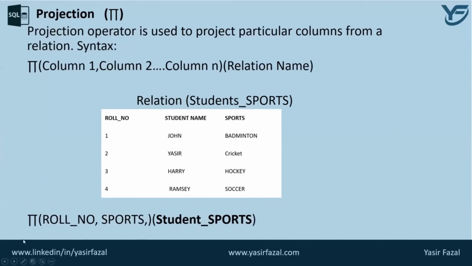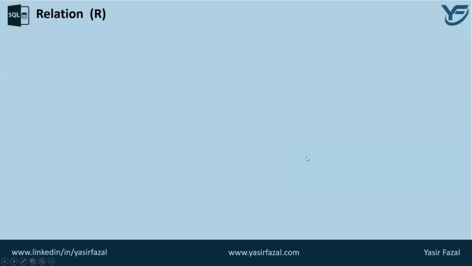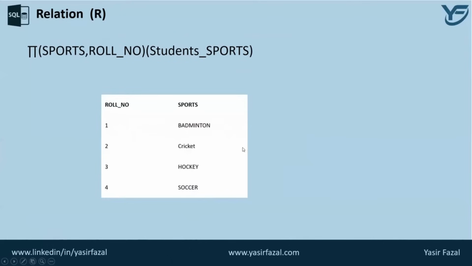So the syntax would be pi, braces, and in these braces I write the roll number and the sports column names. After that, I mention the students_sports relation or table. When I apply this on the table, I get the roll number and the sports. And as you can see, the student_name column is now excluded from the result.